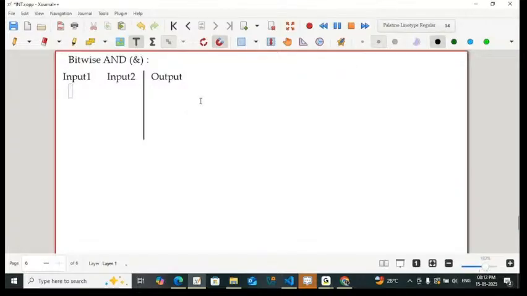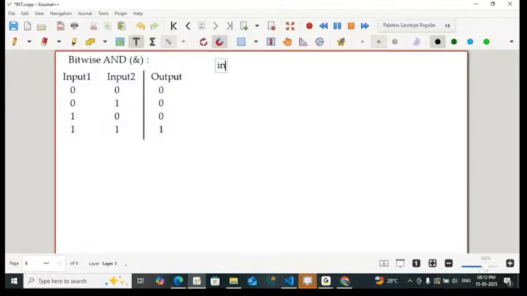So if the first input is 0, second input is 0, output is 0. Then 0, 1, 0. 1, 0, 0. And 1, 1 is 1. Okay. So I will show you an example.